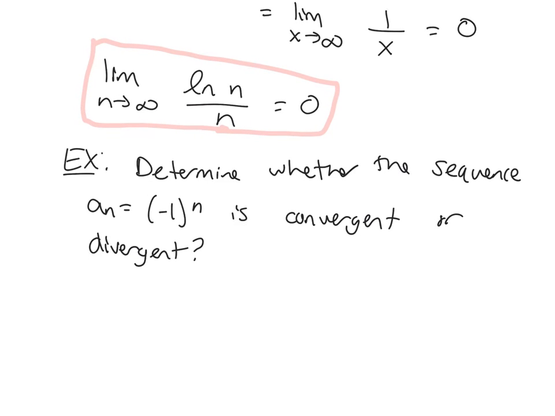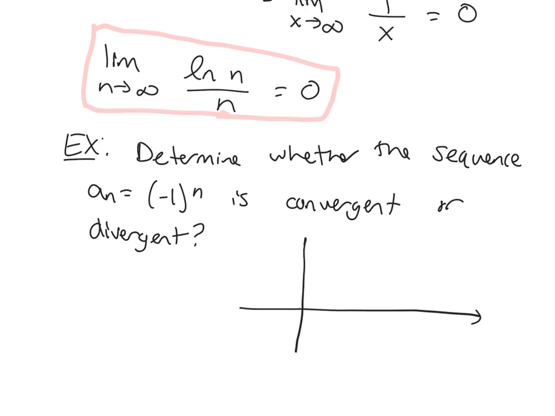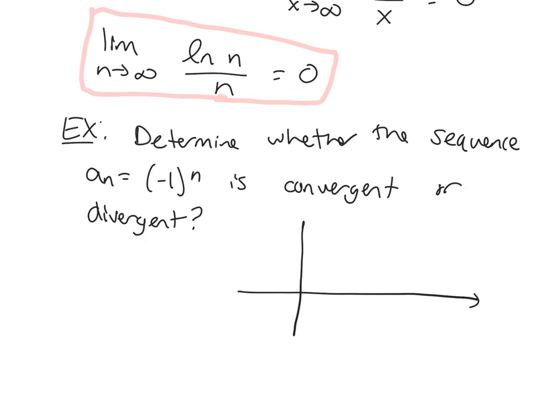So remember last time I graphed these? So let's graph this. I might need a little bit more room. What do I get if I plug in n equals 1? -1 to the first, -1.